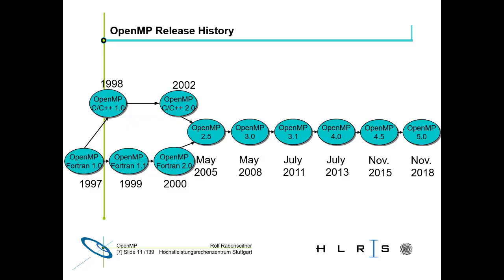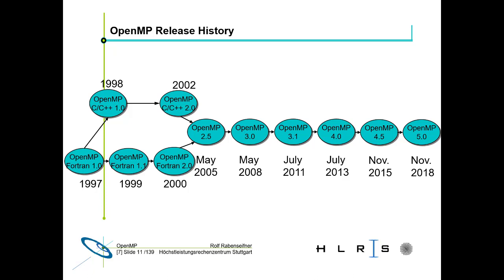This is the timeline. So OpenMP started as a standard for Fortran in 1997 and for C and C++ in 1998. And those two standards developed independently up to OpenMP 2.0, and they were unified in OpenMP 2.5.